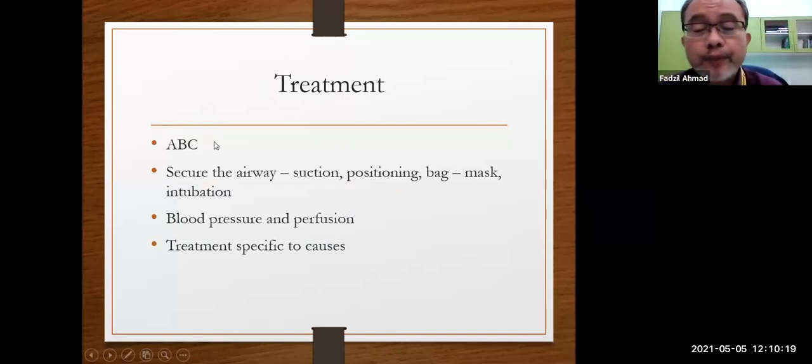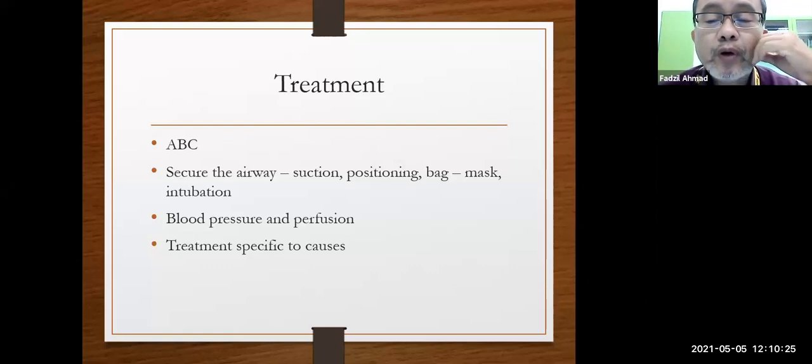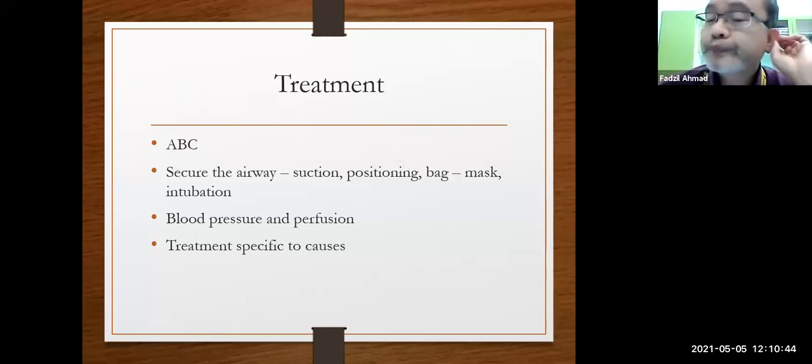When you come with anything, with questions, or when you go to the delivery room, or wherever the patient is, always think about ABC. ABC means airway, breathing, and circulation. It's good if you can have this as second nature in your mind.